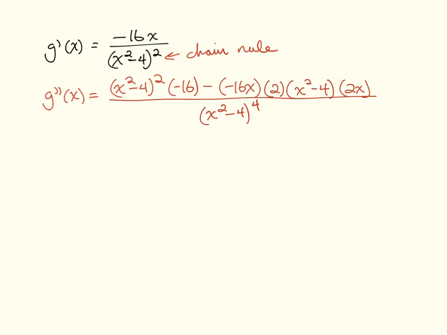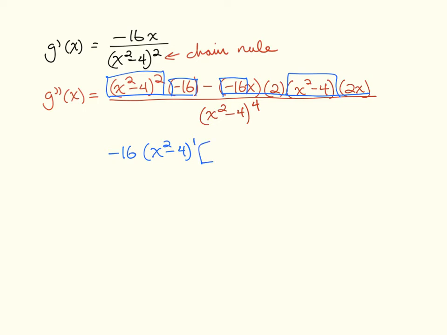Now to simplify this numerator, it looks like in the first term and the second term, a common factor of negative 16 can be factored out, as well as 1 x squared minus 4. So in the simplification of the second derivative, I will have negative 16 times x squared minus 4, just to the first power.